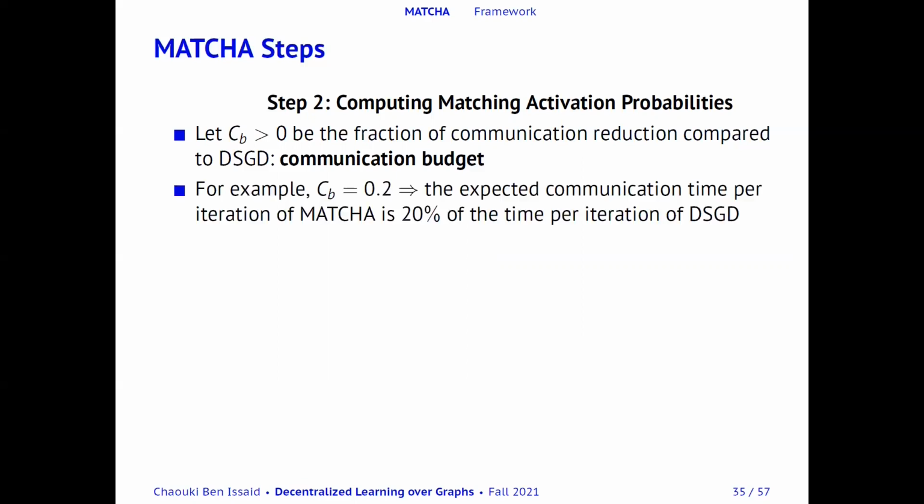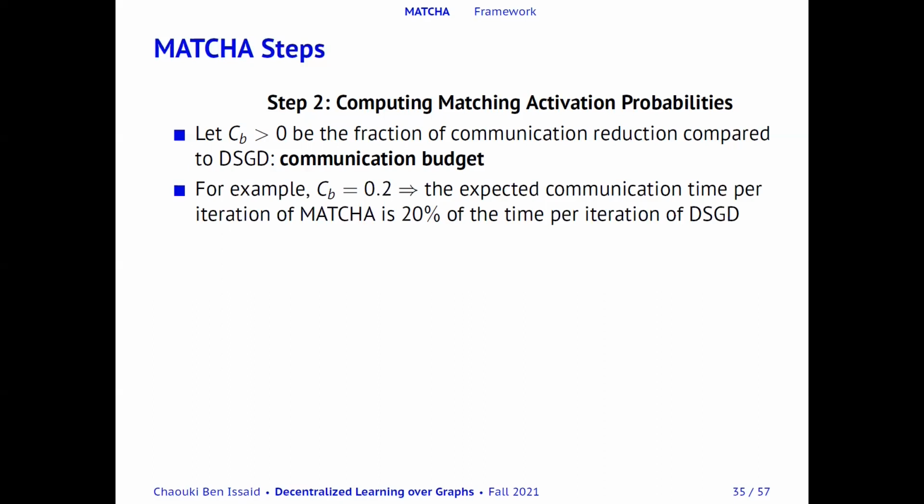For example, if CB is equal to 0.2, this means that the expected communication time per iteration of Matcha is 20% of the time per iteration of decentralized SGD.